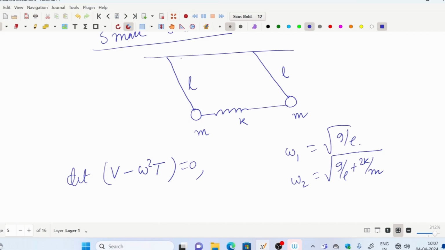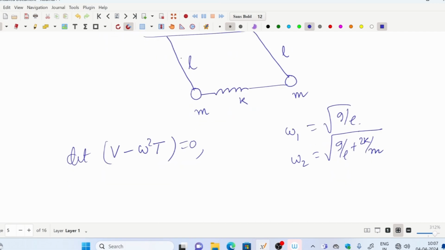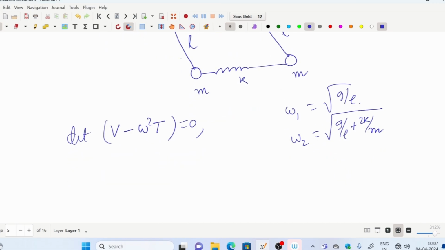So we calculated these frequencies, and now we will calculate the eigenfunctions corresponding to these frequencies.